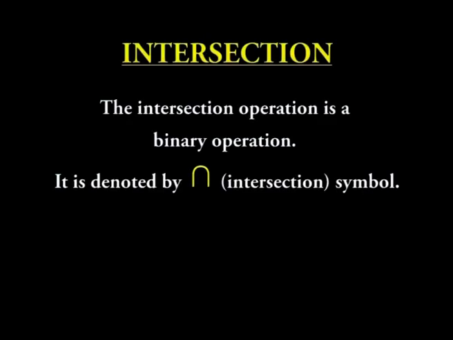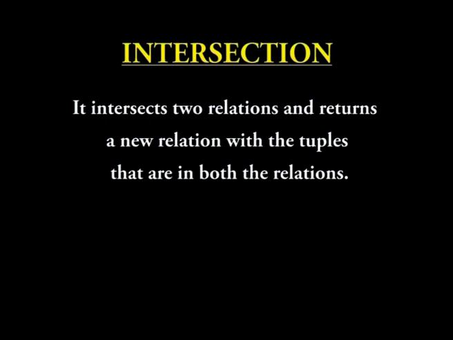So, we move to the next operation, that is intersection. The intersection operation is a binary operation. It is denoted by the symbol shown. It intersects two relations and returns a new relation with the tuples that are in both the relations.